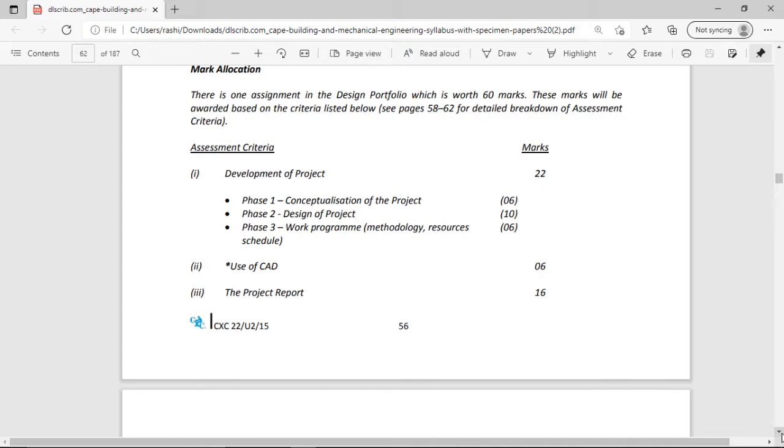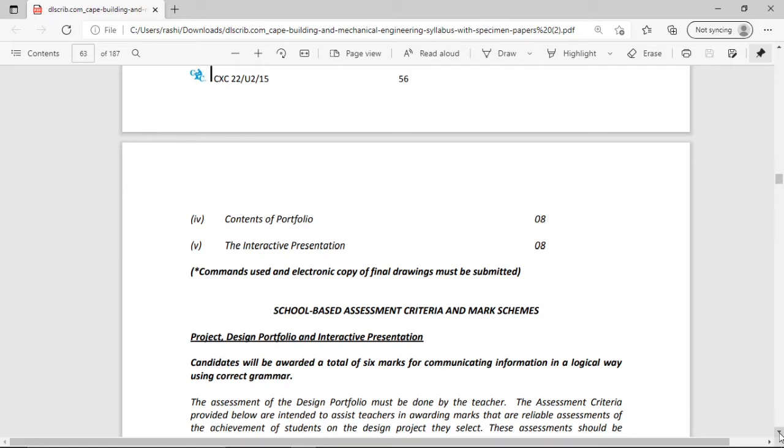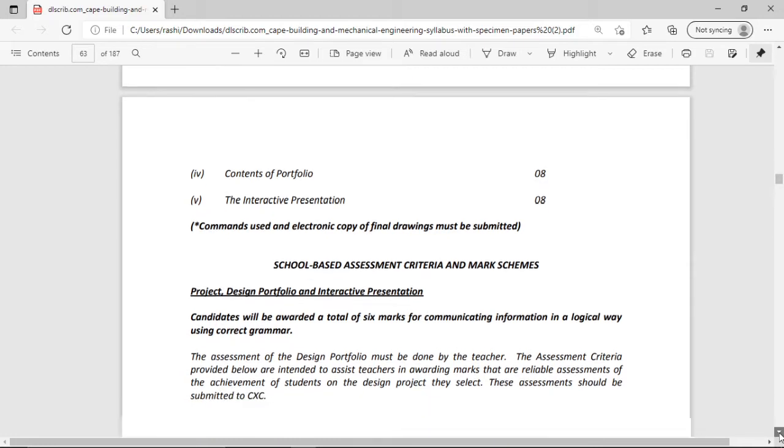The project report, as I said, that's why it's very important, because you get 16 marks just for the project report. All right, so it is a very important aspect of the portfolio. Contents of the portfolio, just for having everything that you should have in the portfolio, you will get 8 marks. The interactive presentation, just for the presentation by itself, you will get another 8 marks.